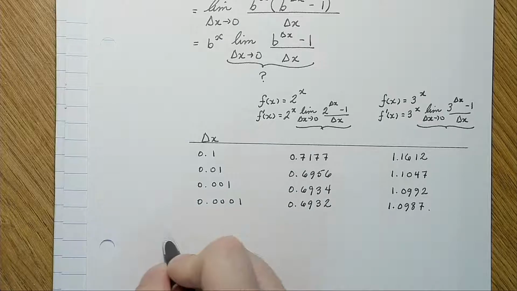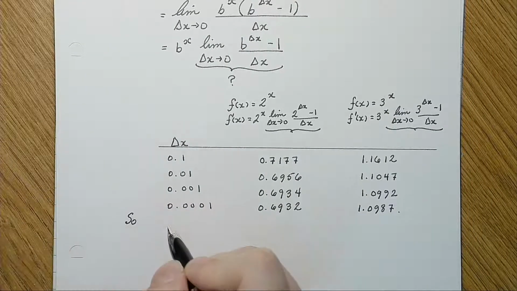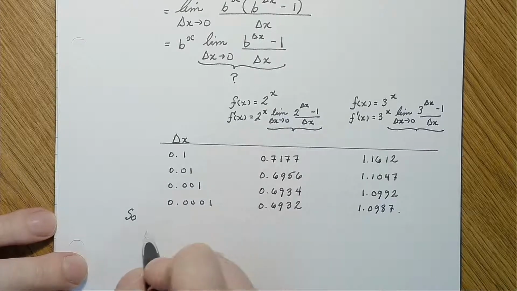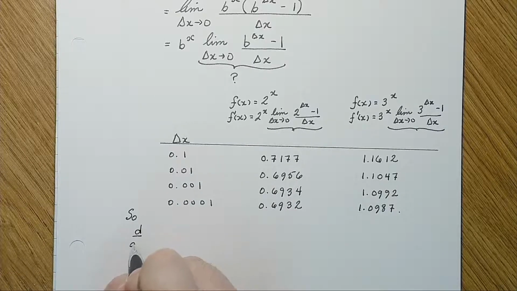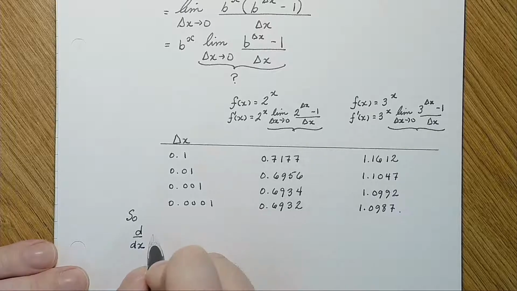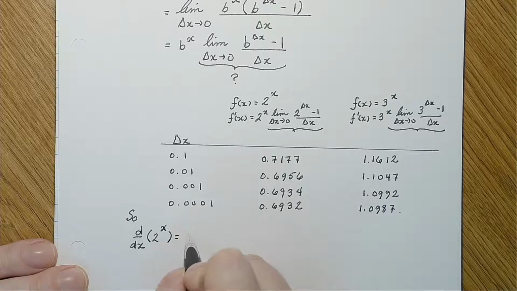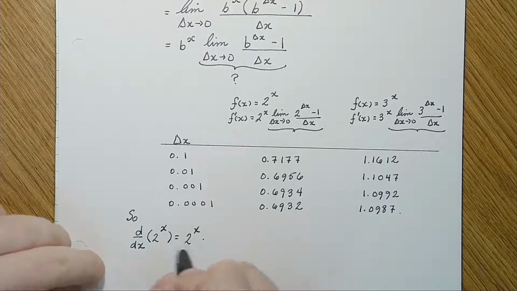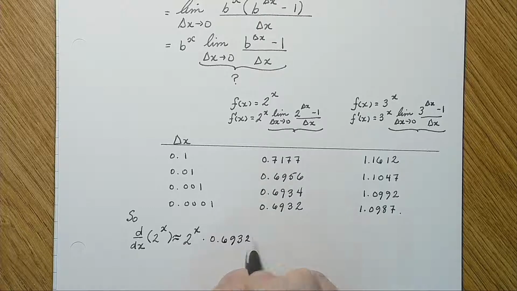So what we have is that the derivative of 2 to the x is approximately equal to itself, 2 to the x, times some number, approximately 0.6932.